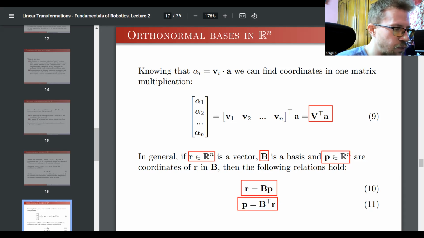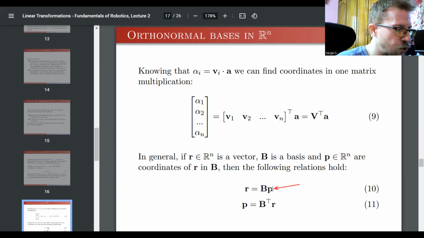So let me one more time clarify. This is how you find the vector when you know coordinates. This is how you find coordinates when you know the vector. Please note, this is vector, this is coordinates, this is vector, those are coordinates. Okay. And B here is a basis, an orthonormal basis. Okay, good.